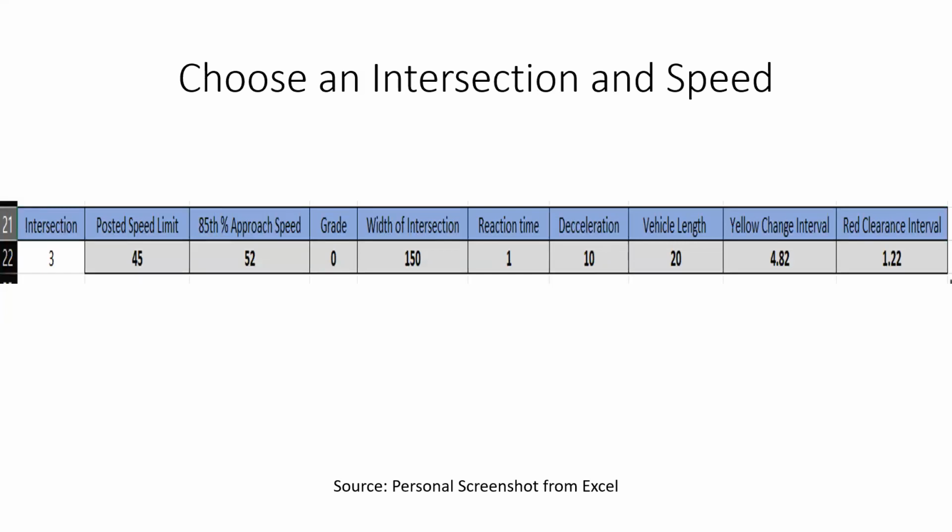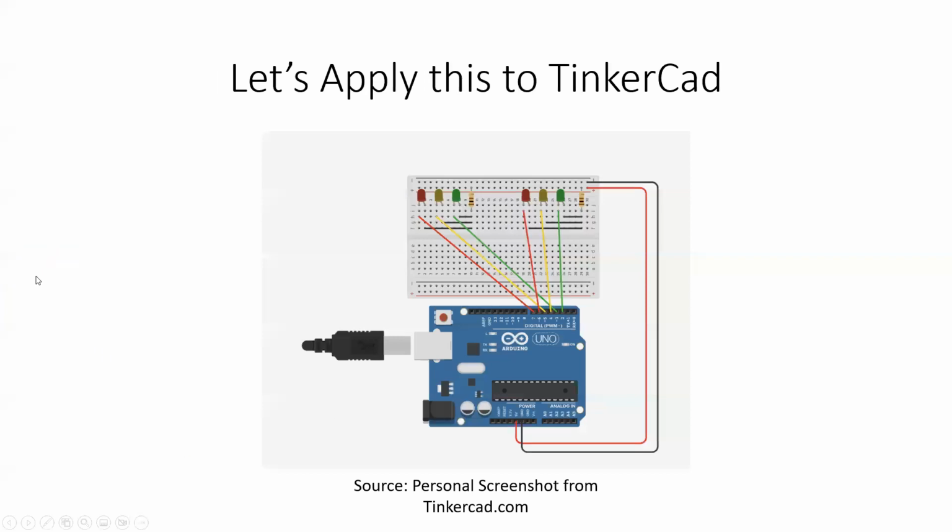From my calculations, I have determined the yellow light must stay on for 4.82 seconds, and the red light must stay on for 1.22 seconds. We can choose any value we want for the green light, so I will choose 5 seconds. With the results, we can move over to Tinkercad to incorporate these values.